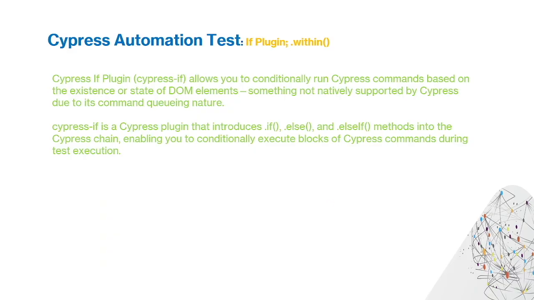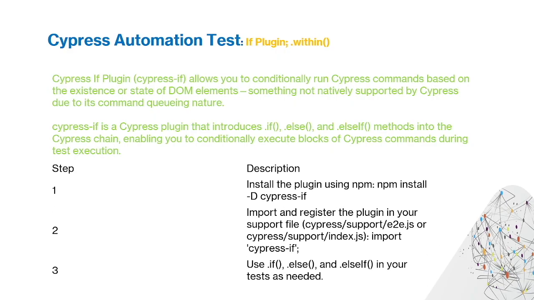Cypress If is a Cypress plugin that introduces if, else if methods into the Cypress chain, enabling you to conditionally execute blocks of the Cypress commands during test execution. First step, install plugin. Use npm install cypress-if.